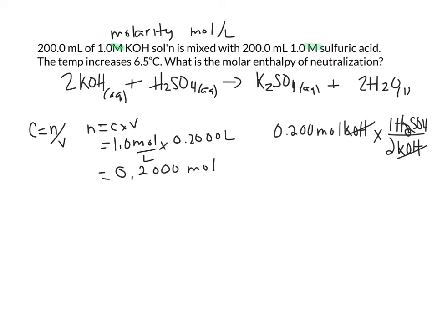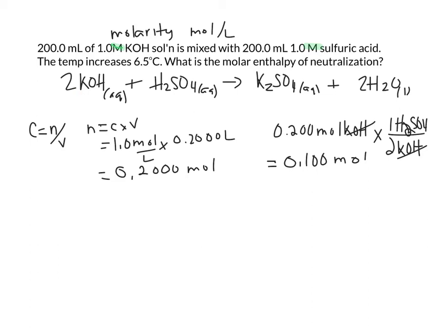And the numbers that we use come from the coefficients in the balanced chemical equation. So we would need 0.1 moles of sulfuric acid for every 0.2 moles of KOH. And that's because we need half as much.